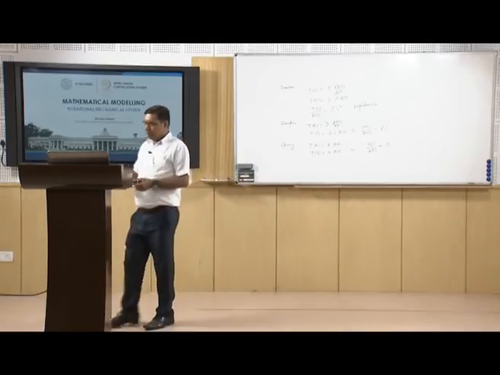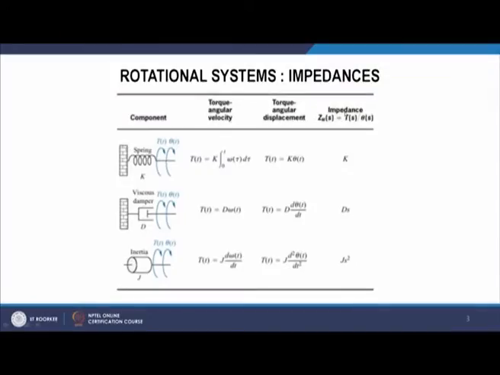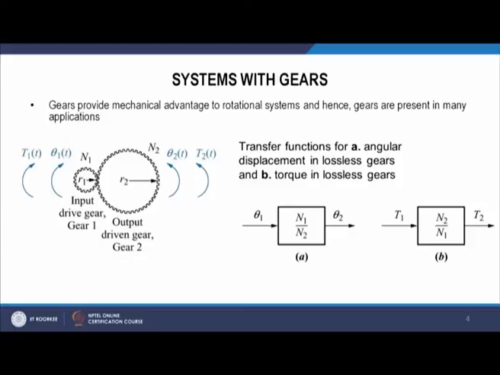So, these are the impedances of a mechanical system, defined as the torque upon the displacement, or force upon displacement for the translational system, in the s domain. Now, we come to another mechanical system, the gear trains, which are more applicable in mechanical components.